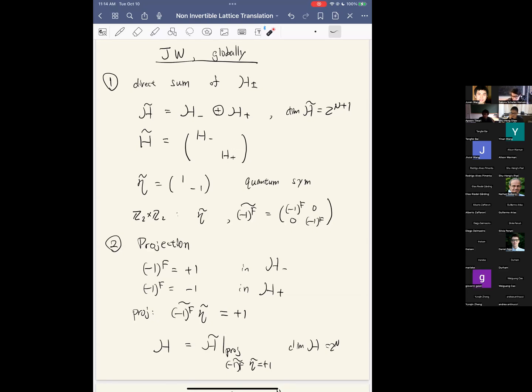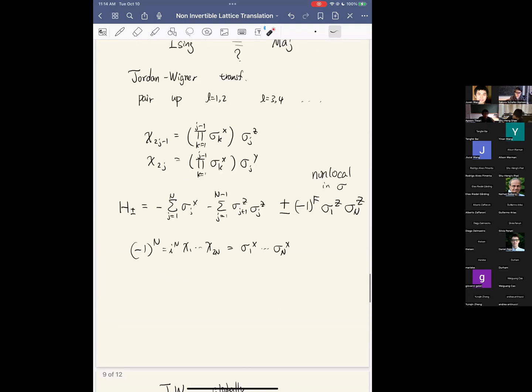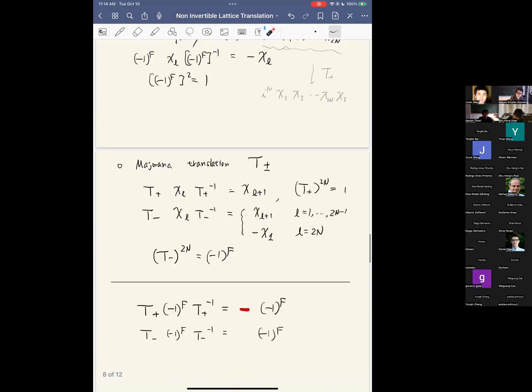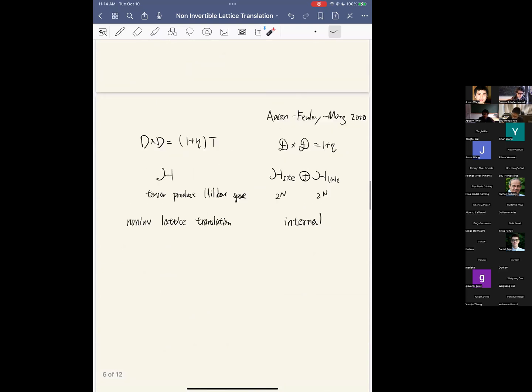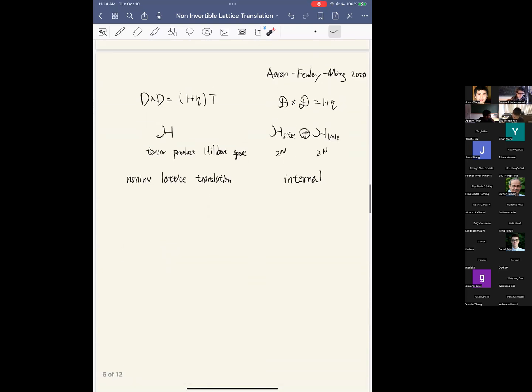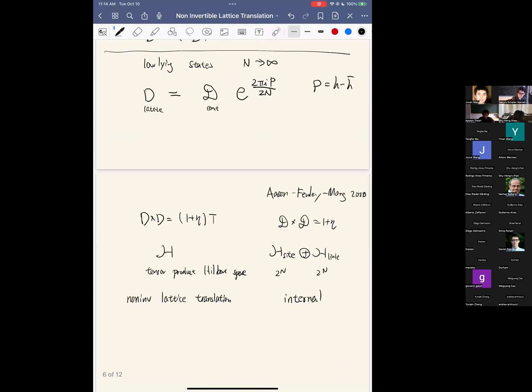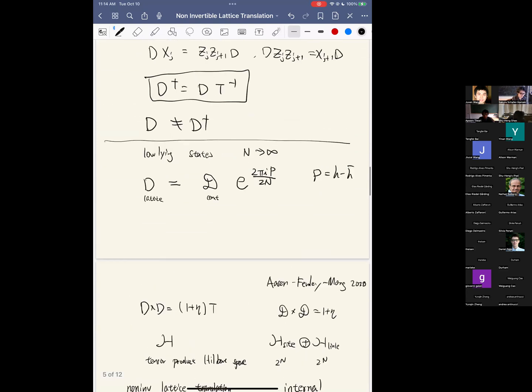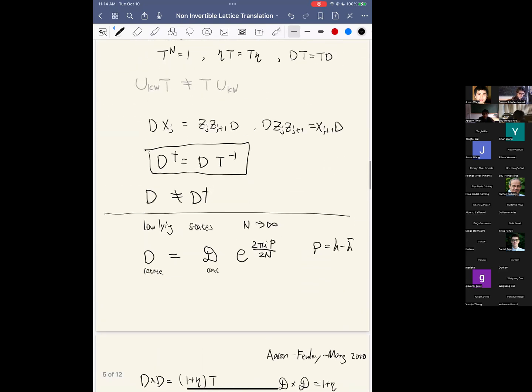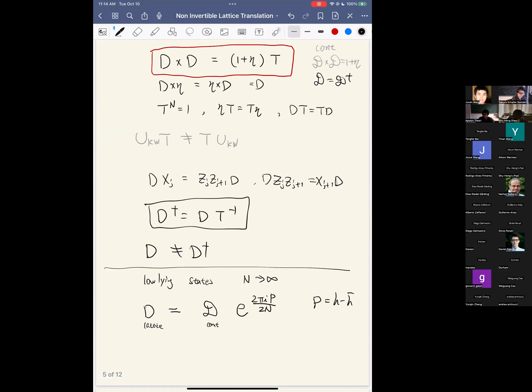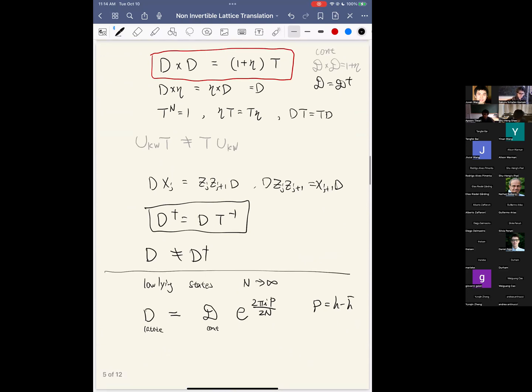Sorry, can I ask a question? Yes, sure, please. Is this algebra that you are finding here with the translation and D compatible with some fusion category or not? Well, that depends on what you mean by compatible. In the sense that it is compatible with the pentagon equations. Sometimes there are fusion algebras that are not fusion categories because they're not compatible with that. Okay, yeah. So that's an excellent question.